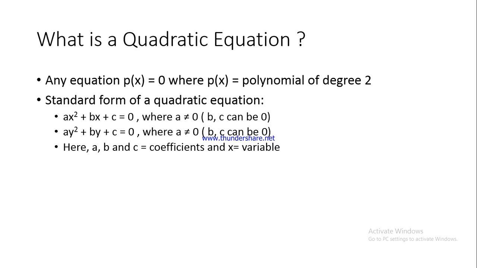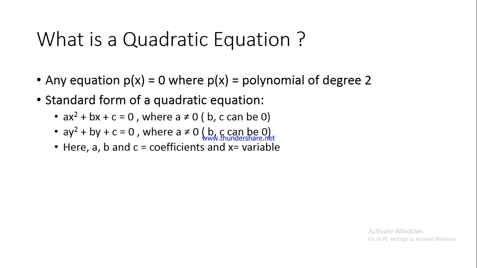Now let's have a look at what is the standard form of a quadratic equation. See, this is the standard form of a quadratic equation: ax² + bx + c = 0. Here, first let us understand what a, b and c are. They are basically coefficients, and x is basically a variable.